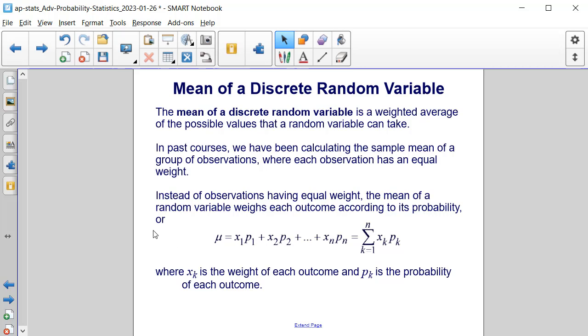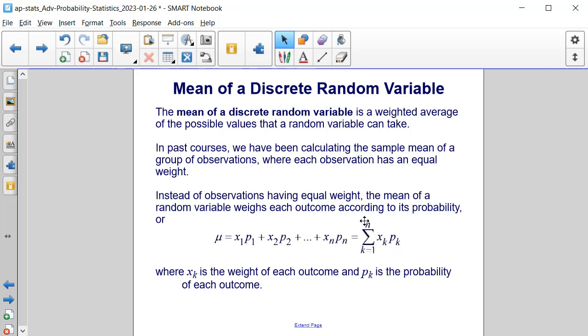or mu, which is the Greek letter that we use for the mean, is equal to x sub 1, or the weight for the first event, times the probability of that first event, plus the weight of the second event times the probability of the second event, plus dot, dot, dot, plus the weight of the nth outcome times the probability of the nth outcome.